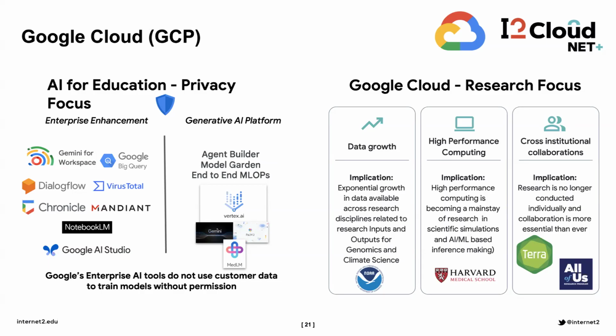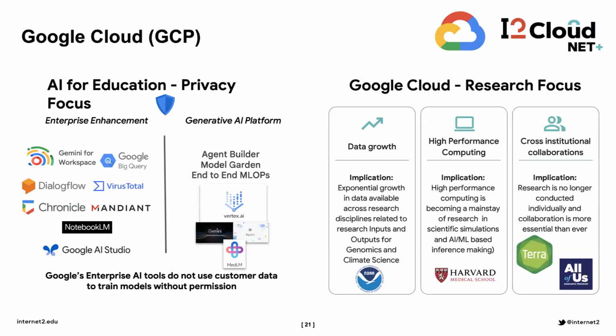So if you're using consumer Google tools, it's possible that your data is training models. But if you're using any of the enterprise tools, Google does not use customer data to train those models. So privacy is really paramount in using those. And you can see the tools here covered by the enterprise umbrella.